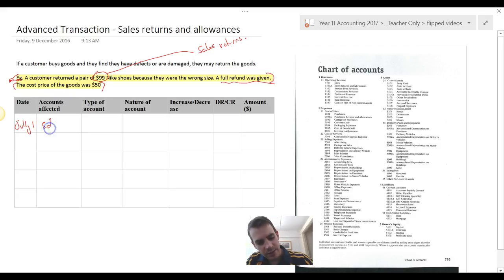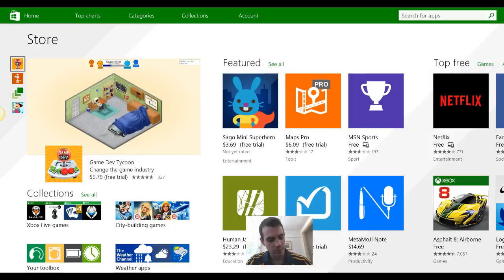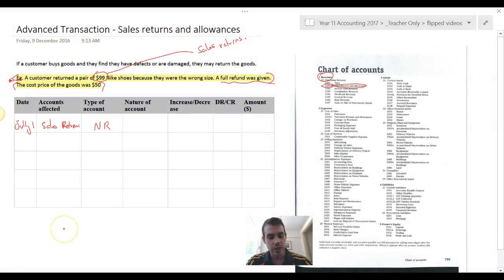First account affected, we're going to call it sales returns. Now, sales returns is a special type of account. Under revenues, you can see here sales returns and allowances, and it is a negative revenue account. Normally, revenue accounts are credits by nature, but because this is negative, it's going to switch around.